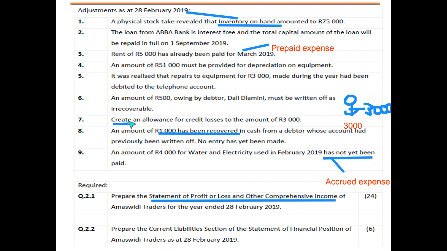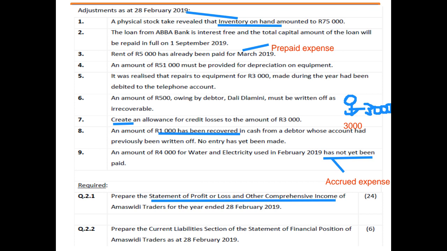Next, where do you think we can find expense? We use number 4. Yes, I agree. And what is that? Depreciation for equipment. Luckily they did calculate it for us, so we don't have to calculate anything.